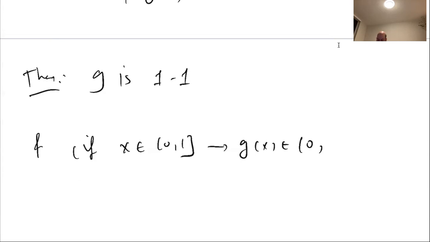Lastly, 2 and 3 combined with the theorem that we saw, if the cardinality of A is less than or equal to the cardinality of B and the cardinality of B is less than or equal to the cardinality of A, then Schroeder-Bernstein would imply that the cardinality of 0 to 1, half open, half closed, is equal to the cardinality of open 0 to 1, which is exactly what I needed to show.